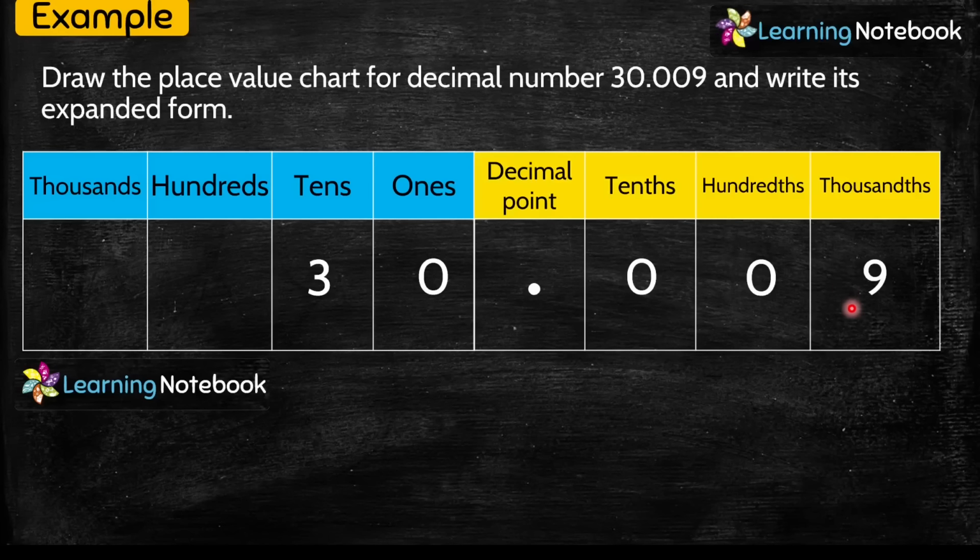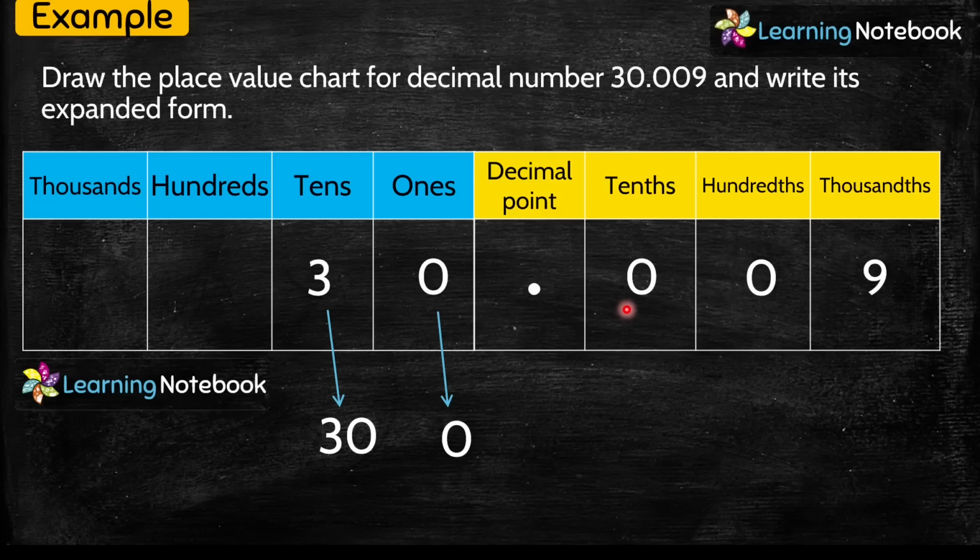Now to write the expanded form of this decimal number, first we have to find the place value of all of its digits. So first let's write the place value of whole number part. Place value of 0 will be 0. Place value of 3 is 30. Now let's find the place value of the decimal part.